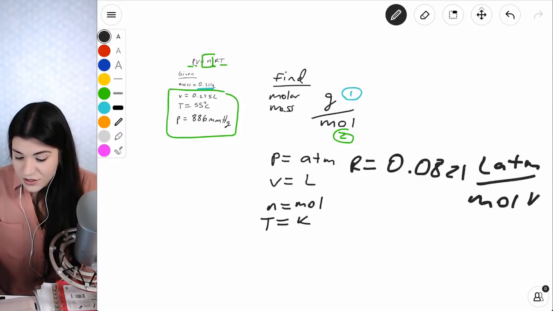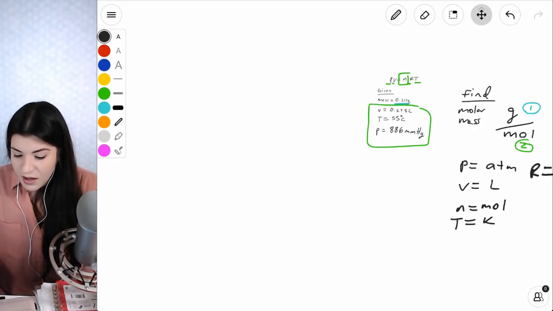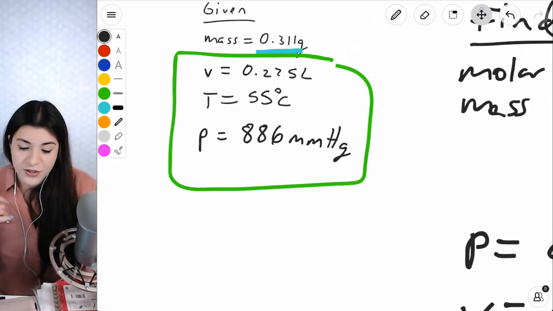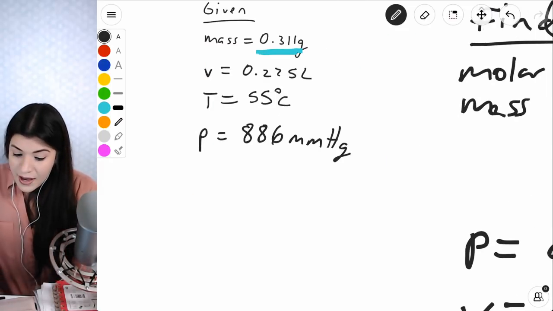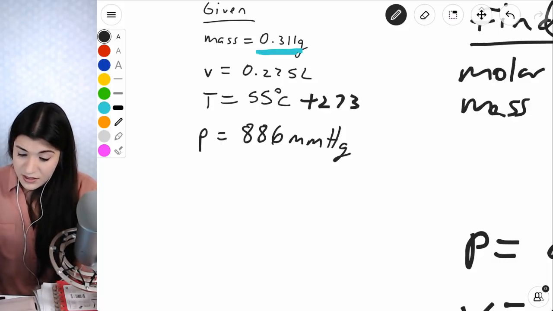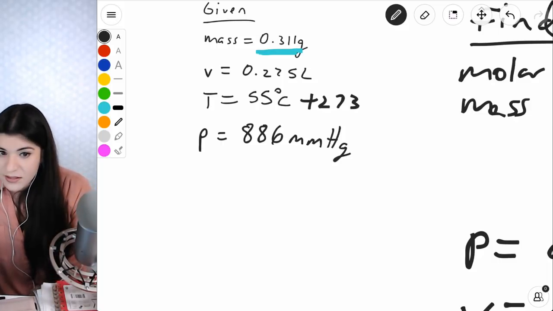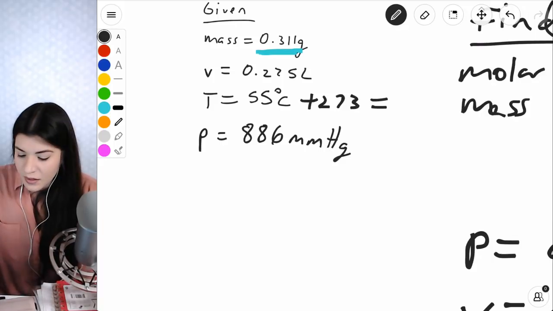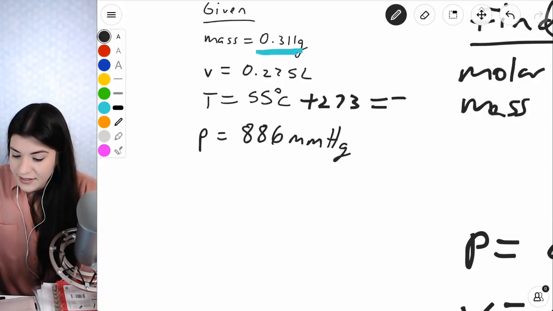Okay, so let's start off with converting all of our units. I'll start off with temperature. Since volume is in liters, it's happy. So I'm going to add 273. This is how we convert from Celsius to Kelvin. So adding that, we get 328 Kelvin.